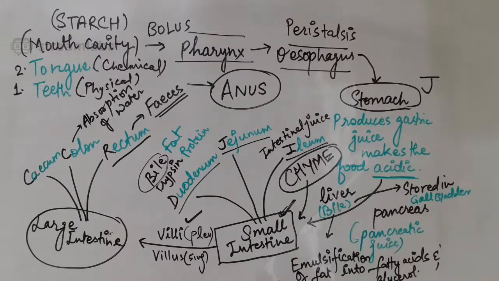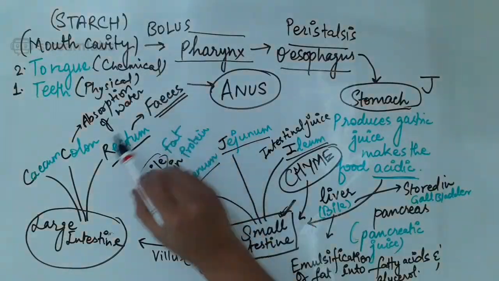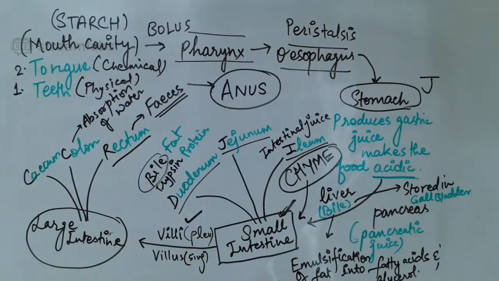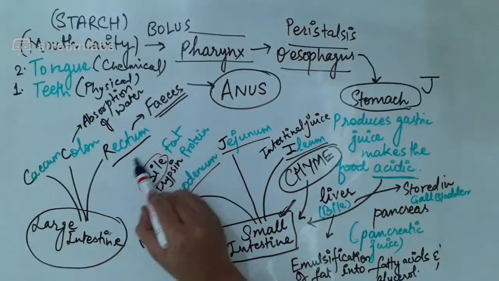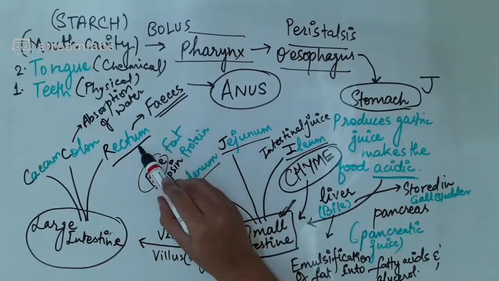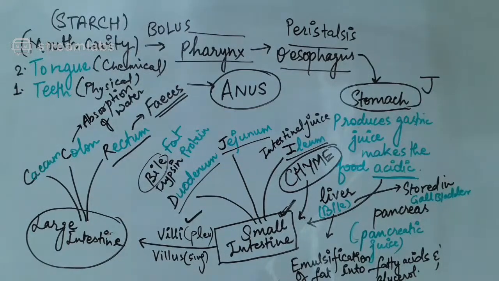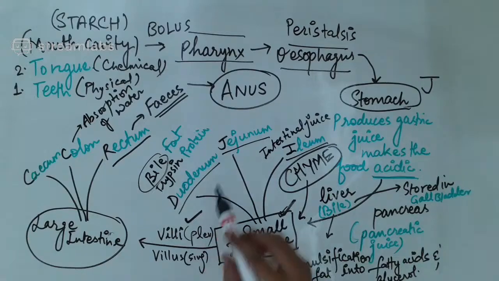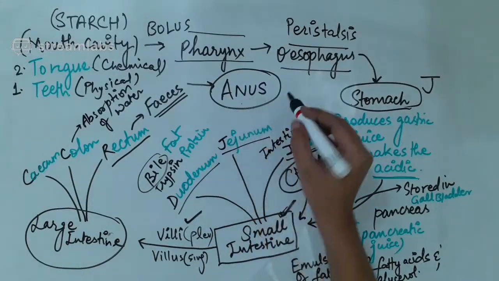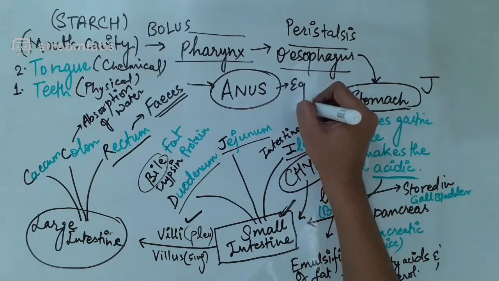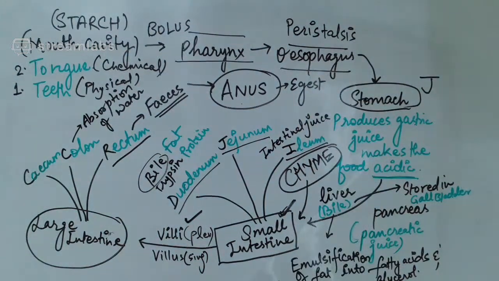And some food that cannot be digested, therefore is not absorbed by the blood, moves into the large intestine and forms the feces after the absorption of water and goes into the part called the rectum, where the feces or the undigested food remains for a certain time unless it is ejected out, and the anus is the organ that egests the food or the waste material.